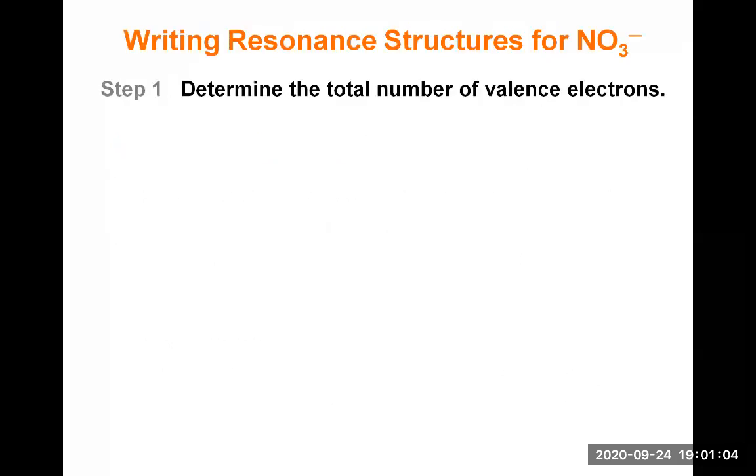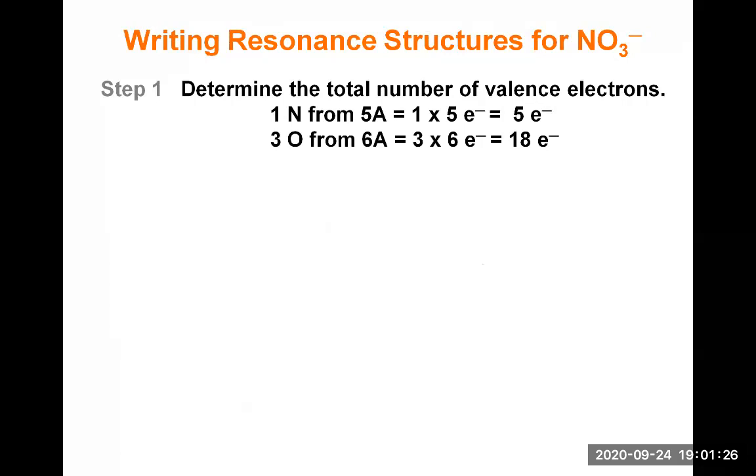So let's practice writing resonance structures for NO3, the nitrate ion. So as always, the first step is to determine the total number of valence electrons. So we have 1 nitrogen from group 5A, which brings 5 electrons. 3 oxygens from group 6A, they each bring 6 valence electrons, times 3 atoms of oxygen. So that's 3 times 6, 18 electrons from the 3 oxygens.